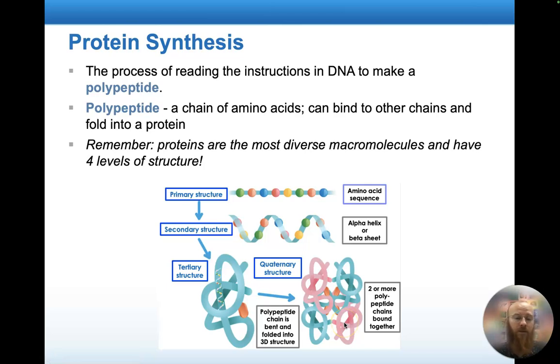And those proteins serve all of those important functions that we've previously talked about in our macromolecules unit. So a lot to thank proteins for. While they do have these four levels of structure, for this lesson we are going to specifically be focusing on just building out the primary structure, knowing that multiple primary structures can then come together to make proteins.